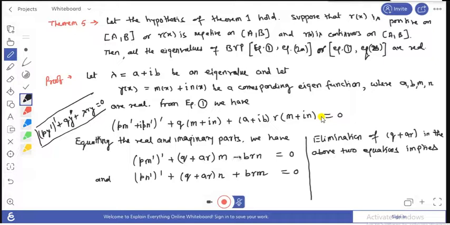So this term is minus b r n square, and this is plus b r m square. So with m square plus n square with this b r, now subtracting this, minus and minus, this becomes minus b m square plus n square into r.